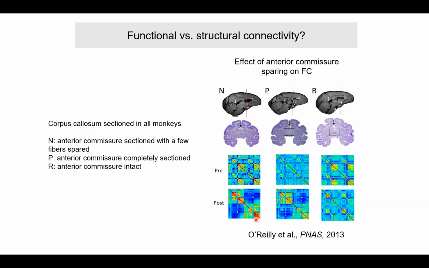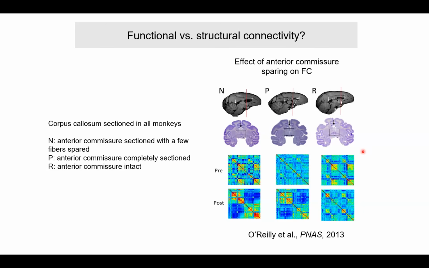And the difference among the three monkeys, where each column is one monkey, is that for the first monkey, they sectioned most parts of the anterior commissure, but with a few fiber sparings. For the middle monkey, they entirely sectioned the anterior commissure. And the third column is a monkey where they left the anterior commissure intact.